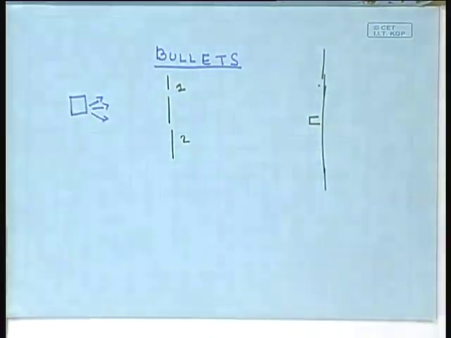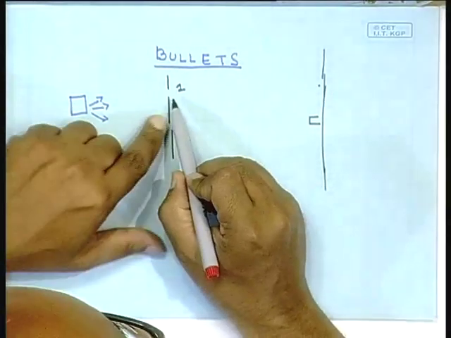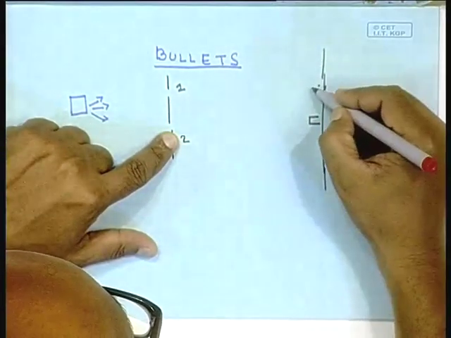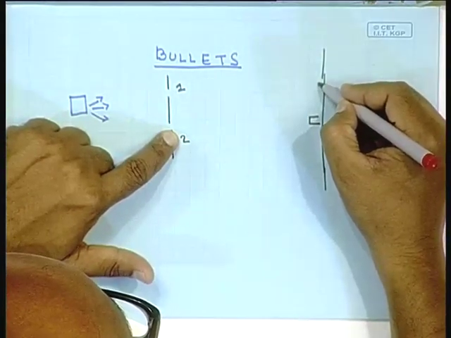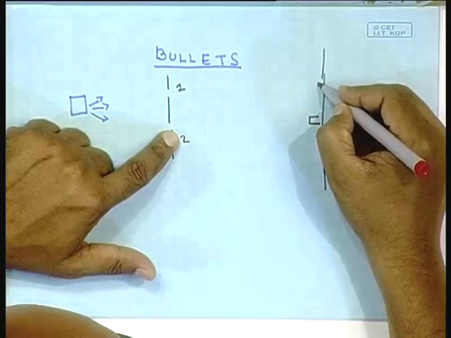And let us draw how we expect the probability distribution to look like. So, when only slit 1 is open, we expect most of the bullets to go through, and you expect to receive the maximum number of bullets at a point just behind slit 1.